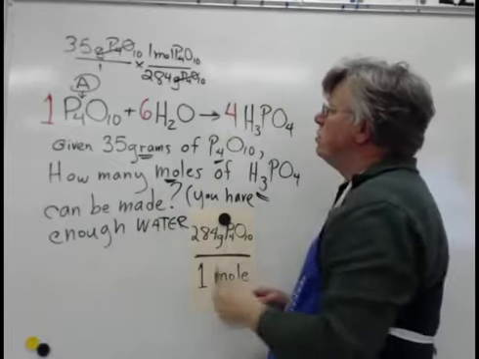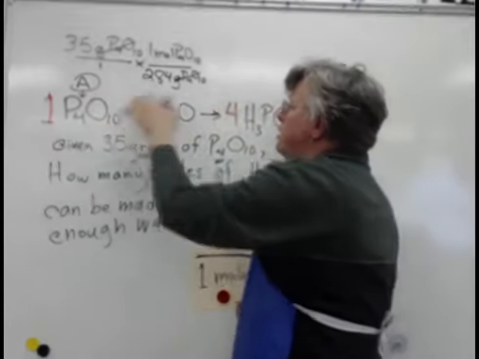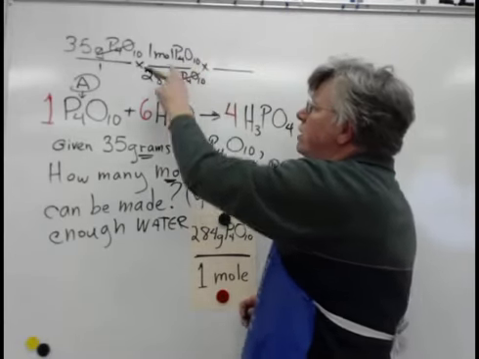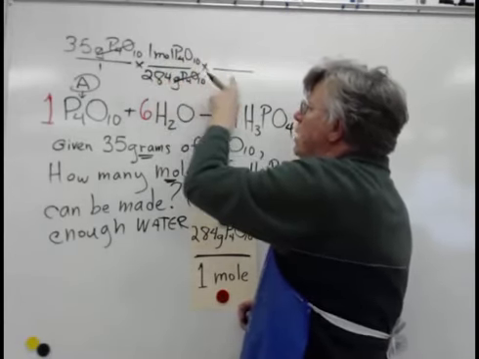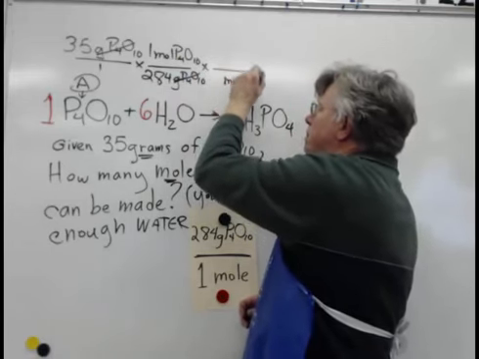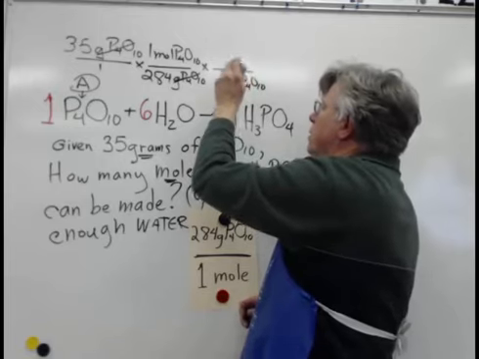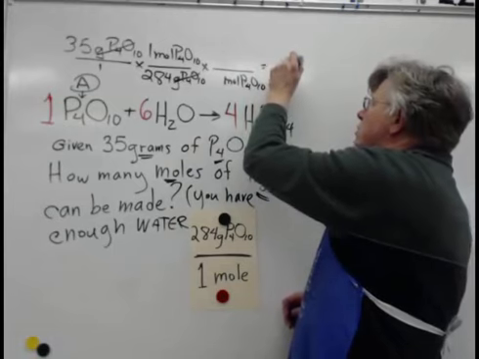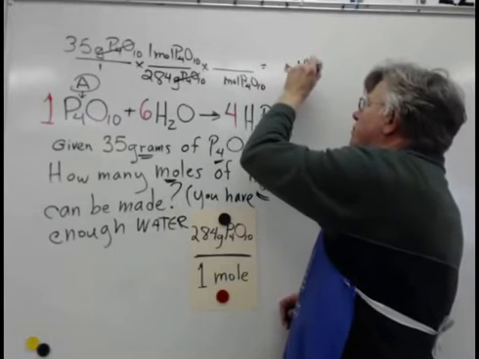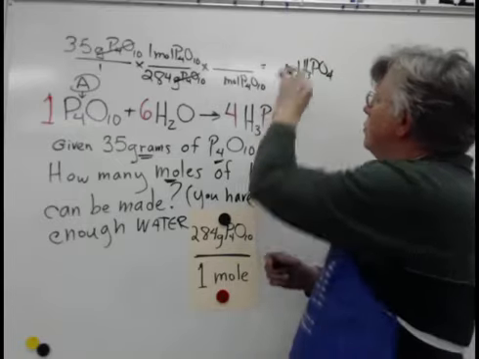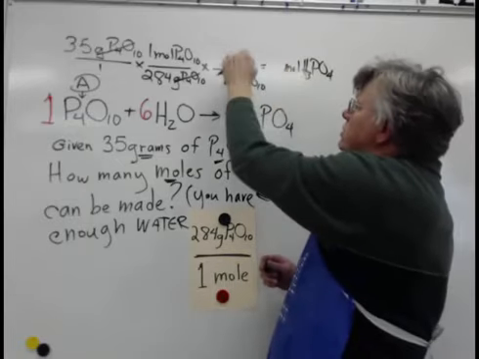Alright, so now I'm going to go from moles of A to moles of B. Without even thinking, I know that this moles and this unit has to go into the bottom here. And I'm looking for moles of this, so I'll go ahead and put that in there. Moles of this go here.